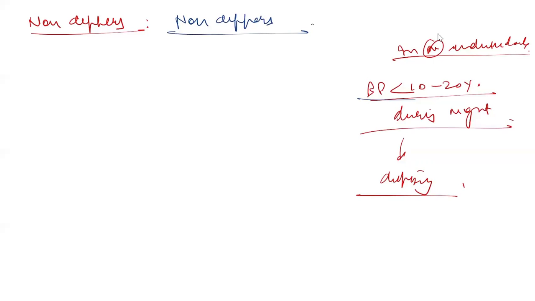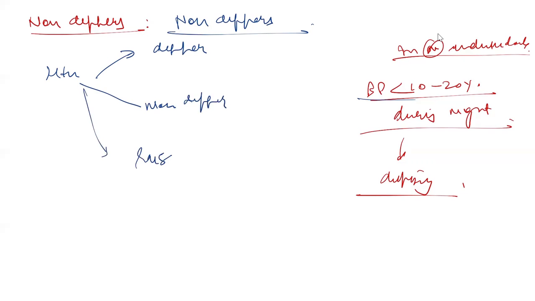Okay. So a hypertensive patient can be a dipper, non-dipper, or a riser. A dipper is a hypertensive patient who has normal dipping during night. And in a non-dipper, the patient is hypertensive, but the nighttime dipping stops.